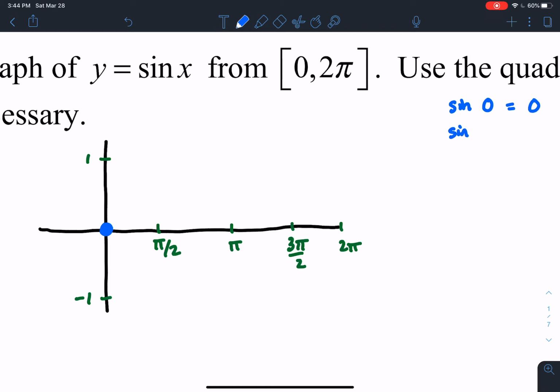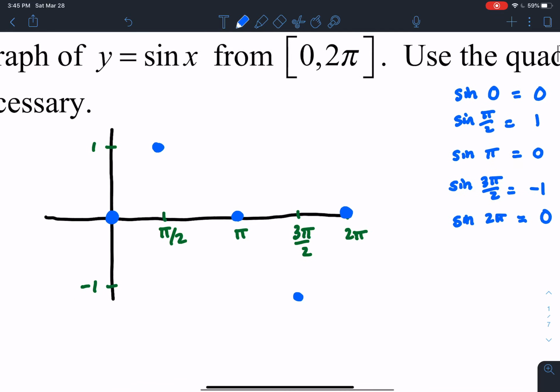Sine of pi over 2 is positive 1, so that point goes up here. Sine of pi is just 0. Sine of 3 pi over 2 is negative 1, so I'm going to go down here. And sine of 2 pi, if you notice the pattern, is also 0.